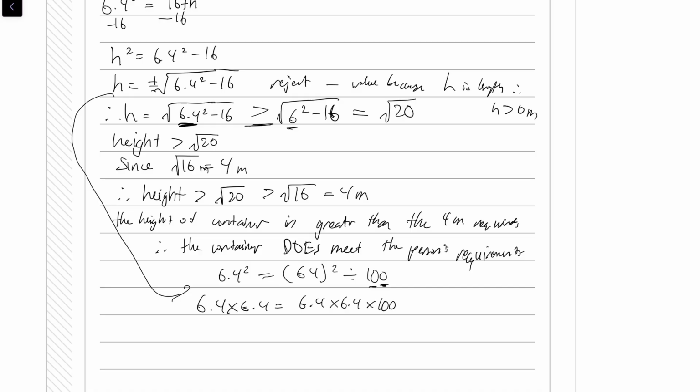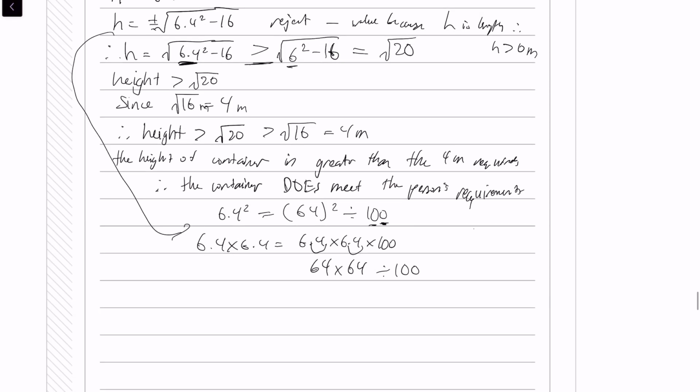So we have 64 times 64 because we moved it one decimal place for both numbers, 64 times 64, and then dividing by 100, or just moving the decimal point back. We're using methods from primary school, early high school, using arithmetic here.